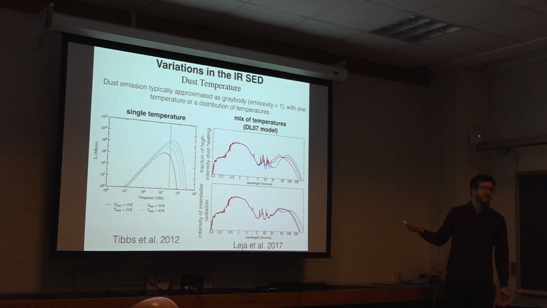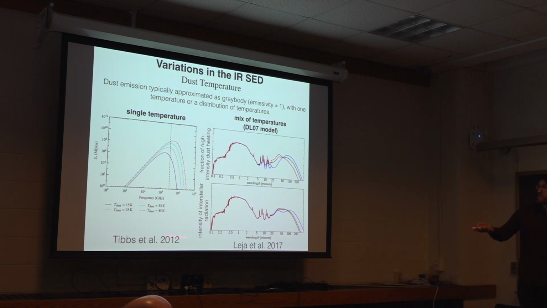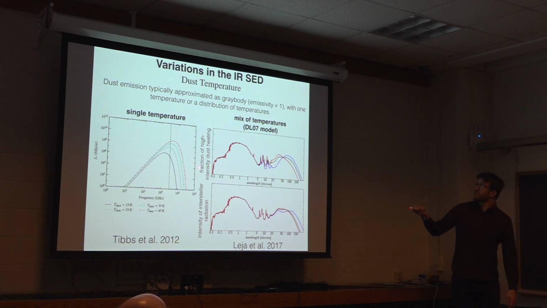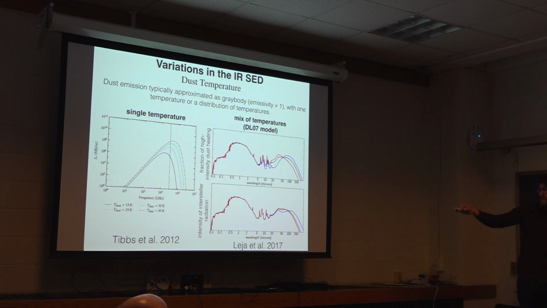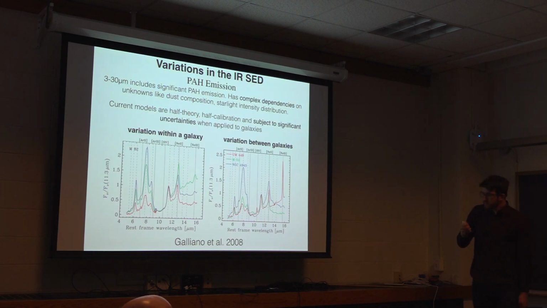One, assuming most stars are exposed to a simple interstellar radiation field, which is very low intensity. And so one parameter controls the intensity of that field. And then the other parameter controls how many stars are exposed to very high intensity fields, so how much hot dust emission there is. And you can see that variation here. So there's a couple different models you can fit here.